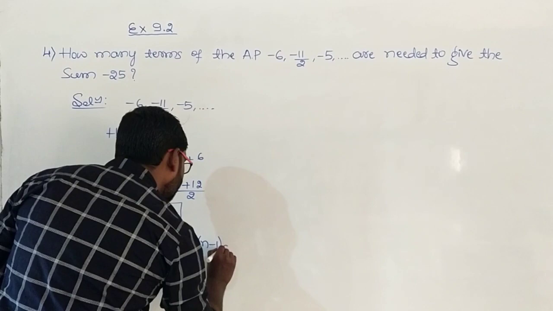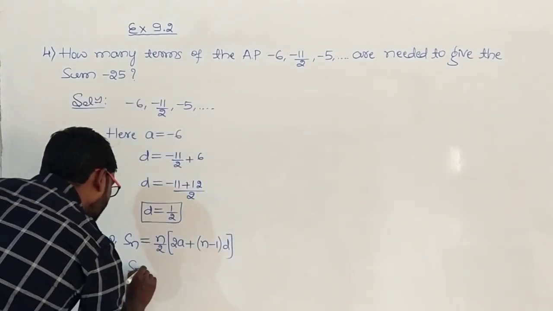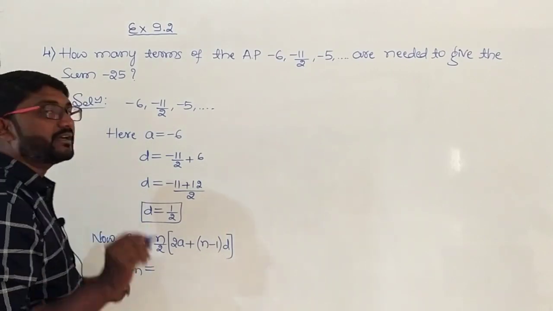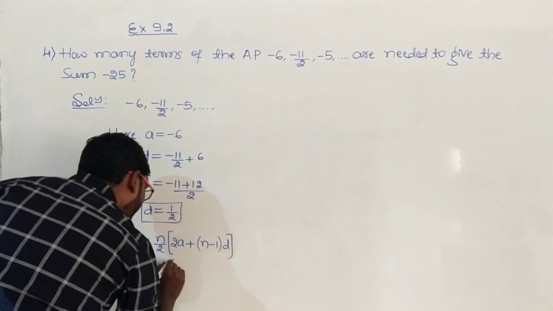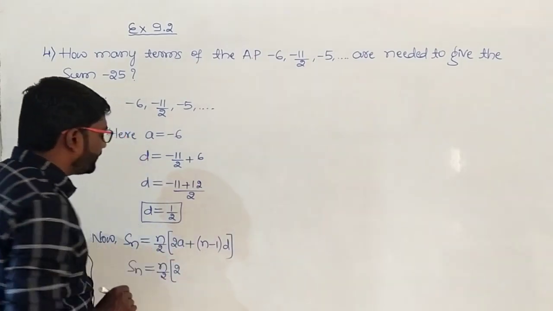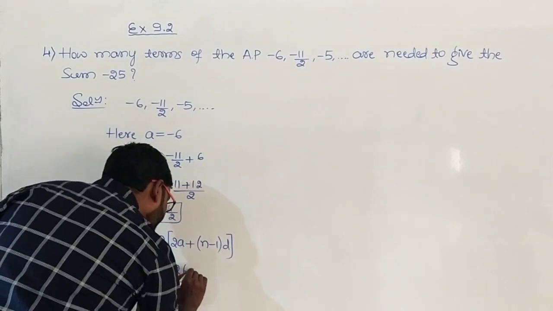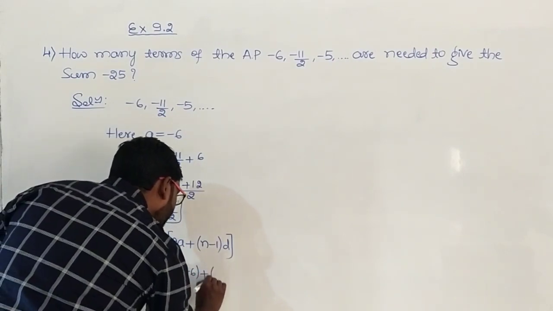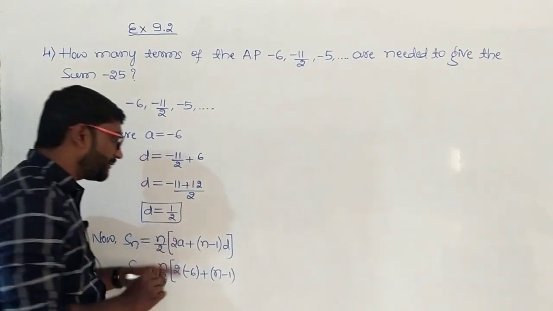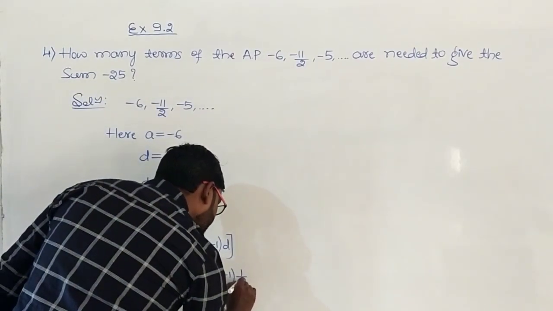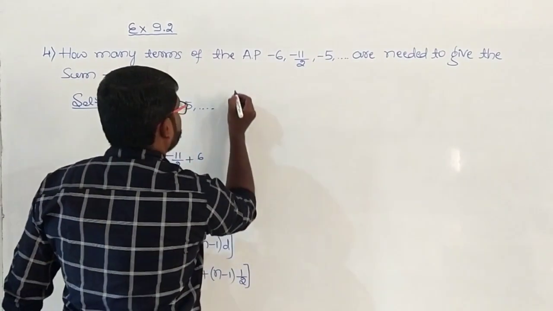So now Sn is equal to n by 2. n is unknown here, write it as it is, n by 2, then into the bracket 2a. What is the value of a here? It is minus 6. So 2 into minus 6 plus n minus 1 into d. What is the common difference? It is 1 by 2. Now we will simplify this in the next step.